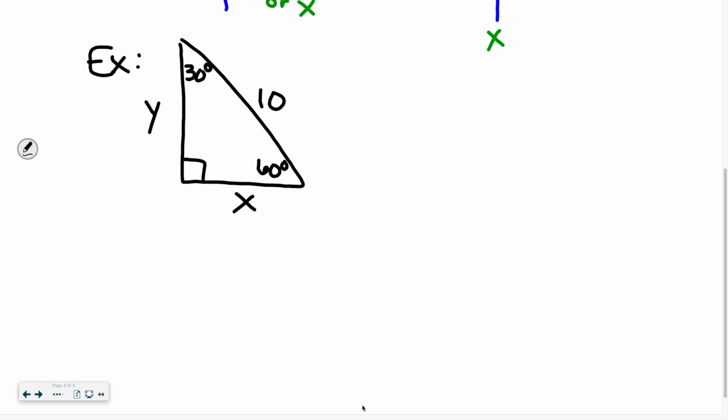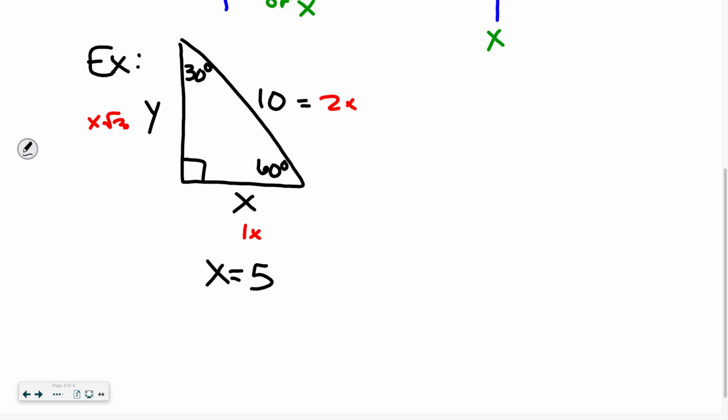Yeah. Well, by ratio, remember, if you're thinking about it, this is 1, square root 3, and 2. Okay, this is where your geometry teachers might have put x's in there. So that 2 times the short leg was really 10, therefore the short leg is 5. X equals 5.